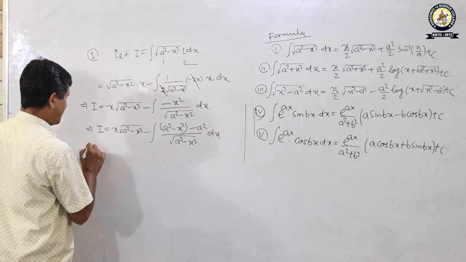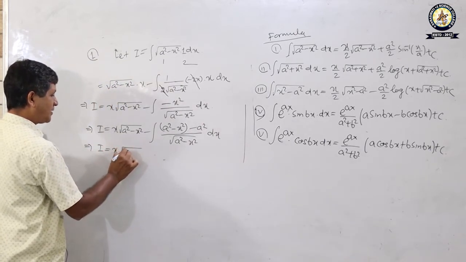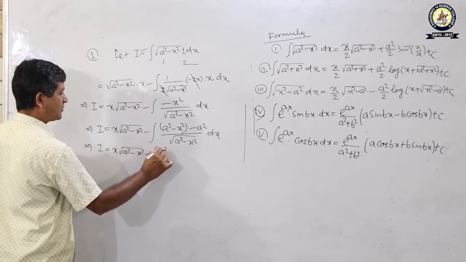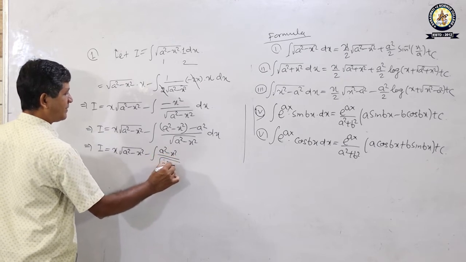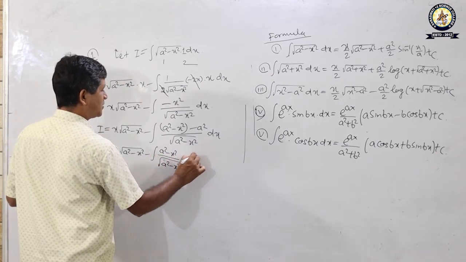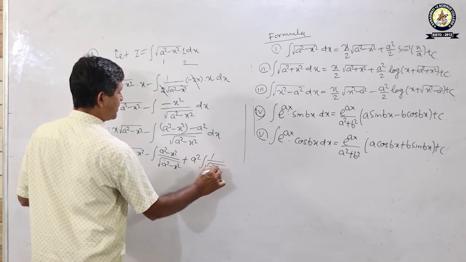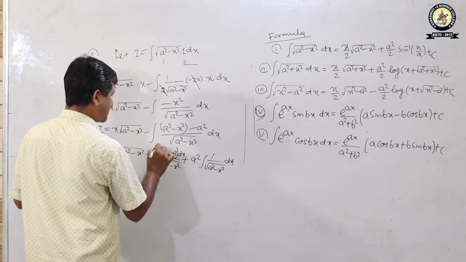So clear? Implies I equals x root of a square minus x square minus the integral of a square minus x square by root of a square minus x square, plus a square into 1 by root of a square minus x square into dx. Here is also dx, right?